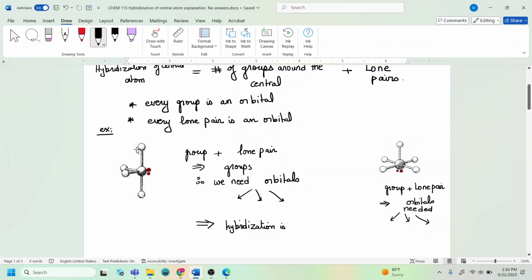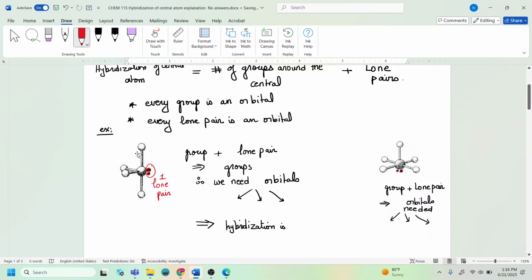So let's say, for example, I have this molecule over here. This is a central atom that is connected. Let's count them: 1, 2, 3, and 4 groups. And there is a lone pair. What you have here on the central atom is one lone pair, which is made up of 2 electrons.